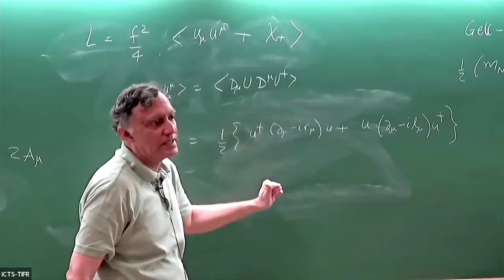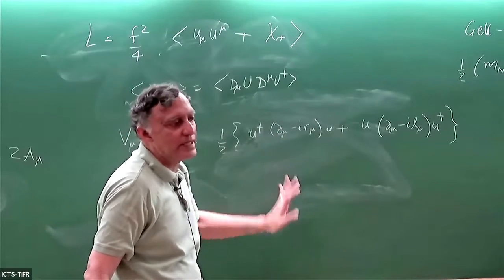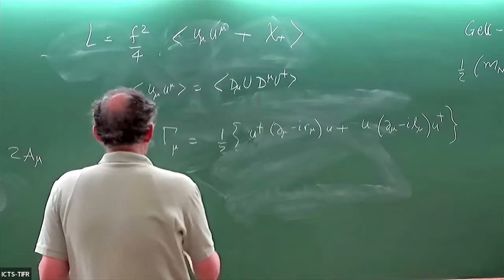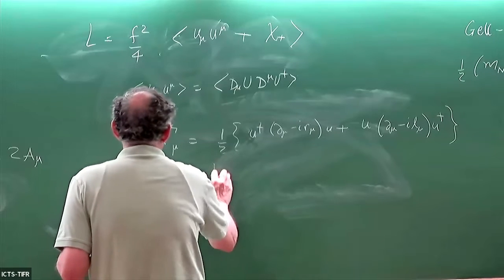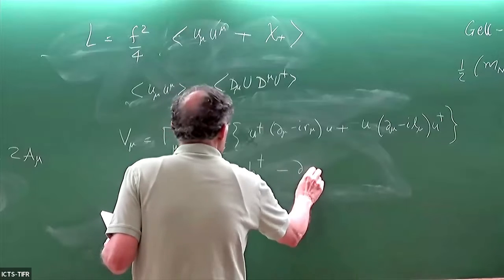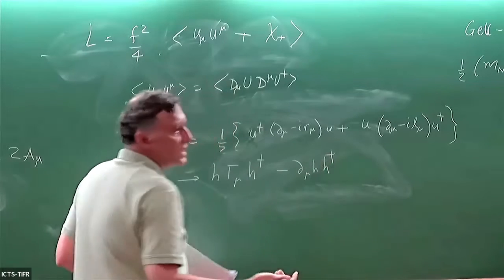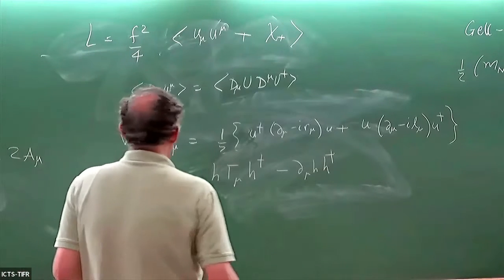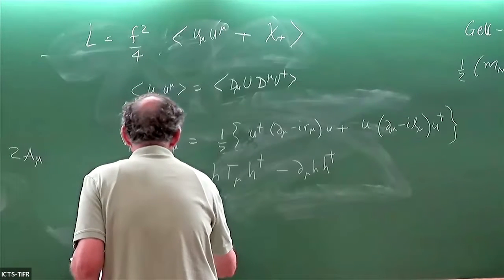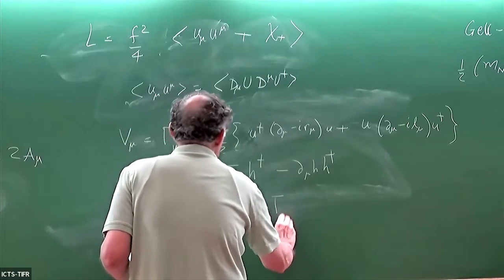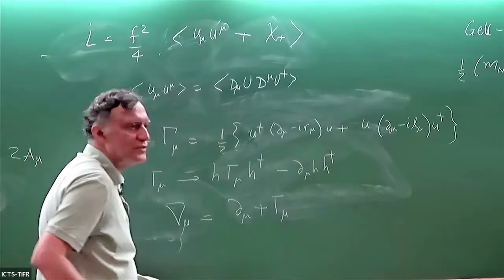So I didn't discuss it, but it's basically just a one-to-one mapping of the other notation. And this transforms like the gauge field, so this transforms like H Γ_μ H† minus ∂H H†, exactly like V_μ did. It's the same as V_μ. And so you can define a chiral covariant derivative where the notation used is this ∇_μ, which is ∂_μ plus Γ_μ. We called it D_μ plus V_μ, it's the same thing.